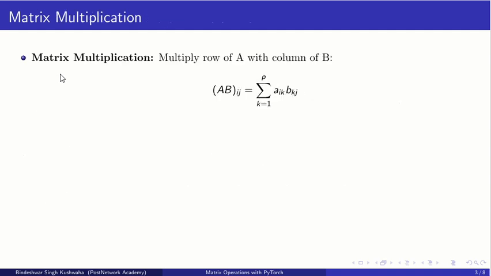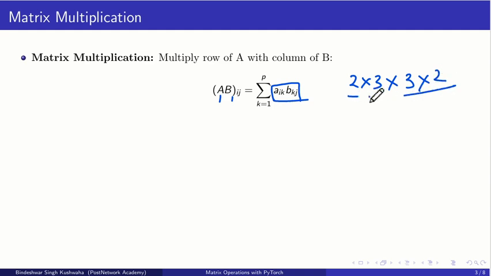Now let us see matrix multiplication. If we have matrices A and B, this is the dimension of the matrices. Suppose that we have a matrix of 2 into 3, and another of 3 into 2.